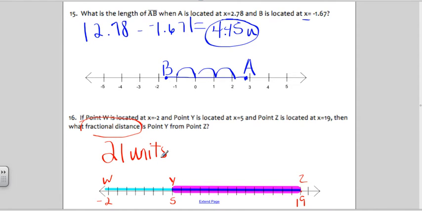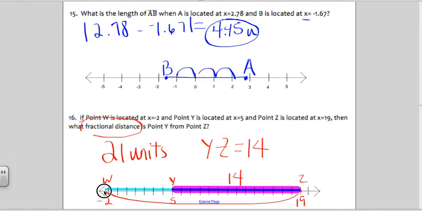Then what's the distance between Y and Z? Well, Y is at 5, Z is at 19. So YZ is 14 units. So I want to know what fraction 14 is out of my total of 21.